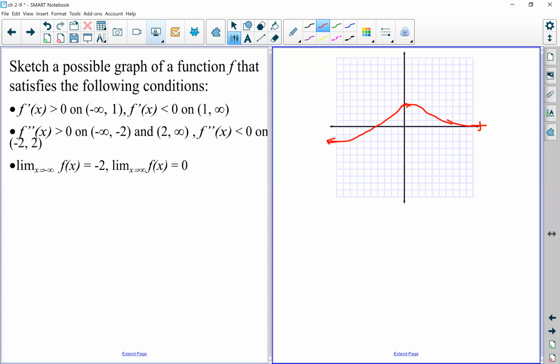So notice the directions though, say, sketch a possible graph. So this is a possibility of infinitely many possibilities. But it meets those criteria.